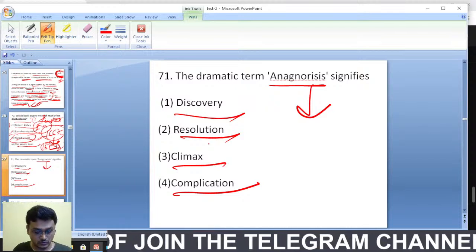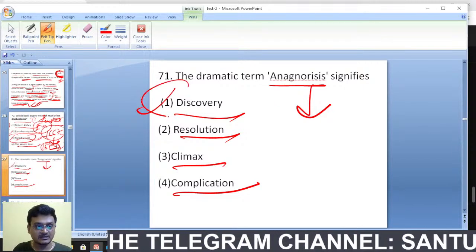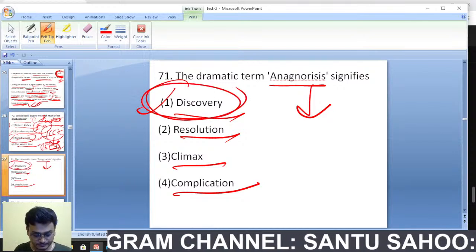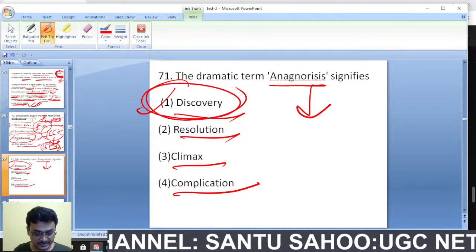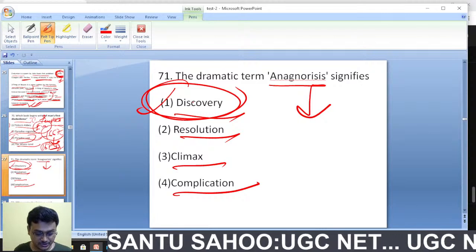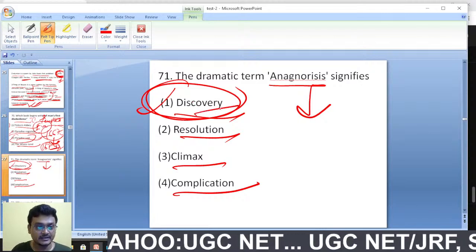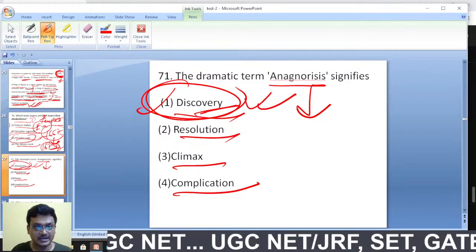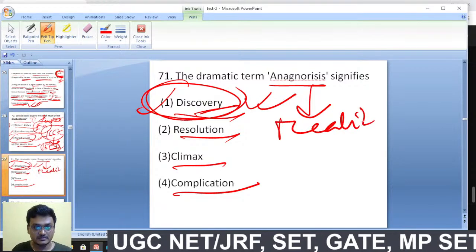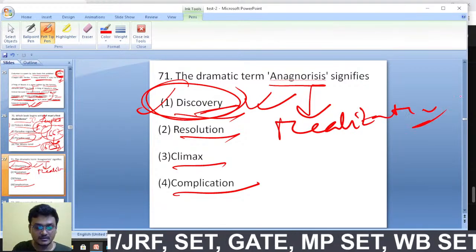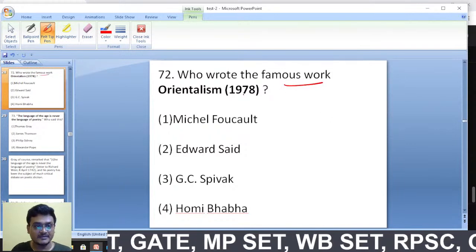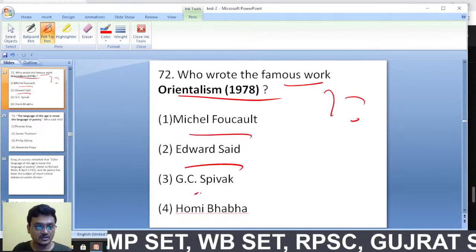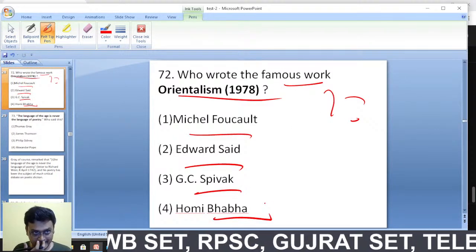Analysis means discovery. Excellent, Shraddha. Analysis means discovery, a sudden realization. Discovery. Chalo. Who wrote the famous work? Easy one.